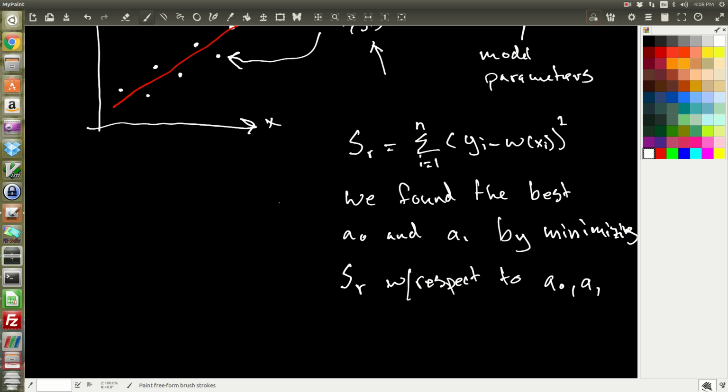Alright, so to do that we took the partial derivative of SR with respect to a naught, set that equal to 0, and then we also took the partial derivative of SR with respect to a1, set that equal to 0, and that gave us two equations which we solved for the best a naught and a1.